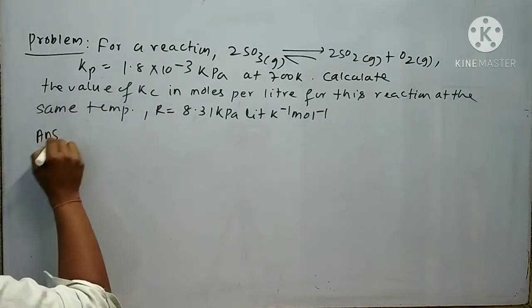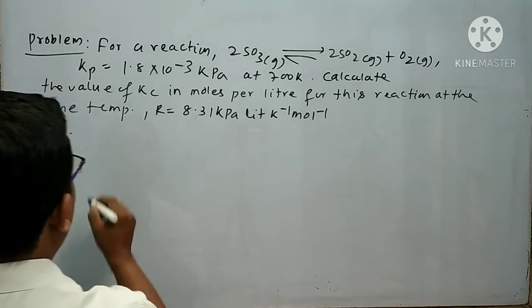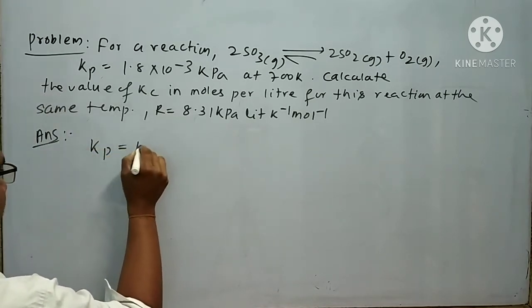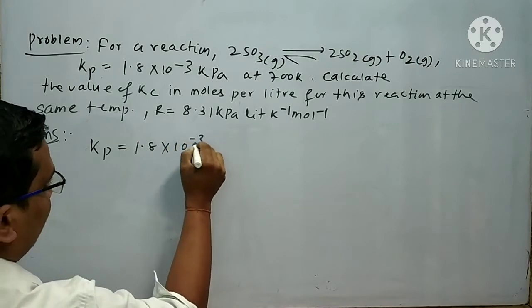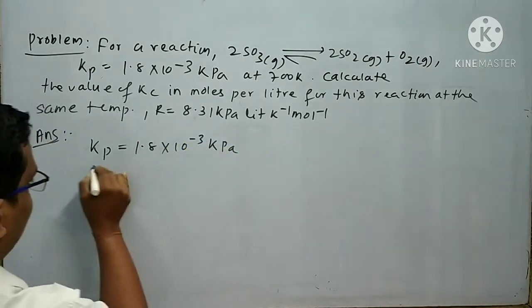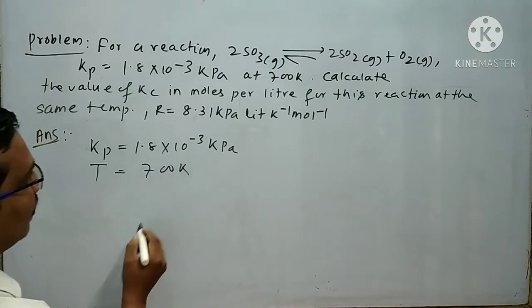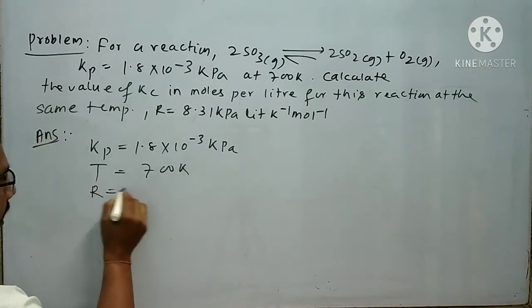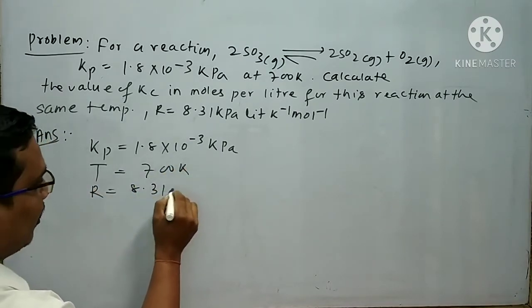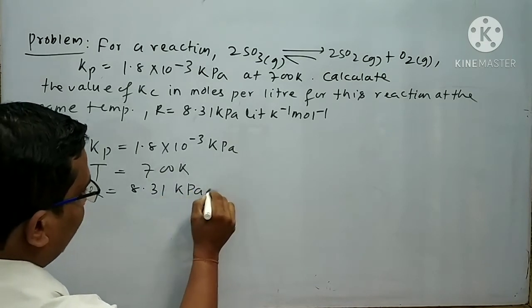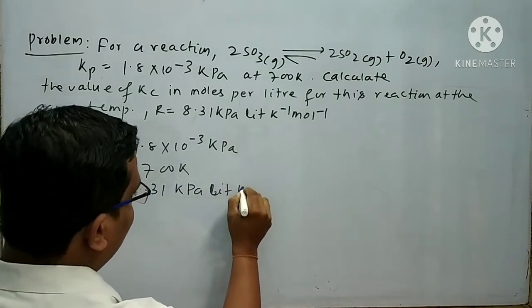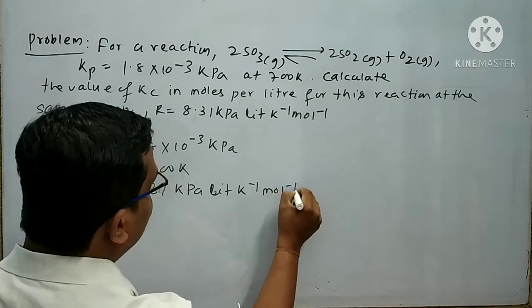For this problem, the given values are Kp is equal to 1.8 into 10 to the minus 3 kilopascal. T is given, that is T equal to 700 Kelvin. The value of R is 8.31 kilopascal into liter into Kelvin inverse mole inverse.